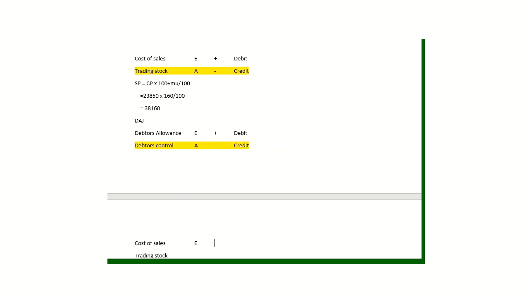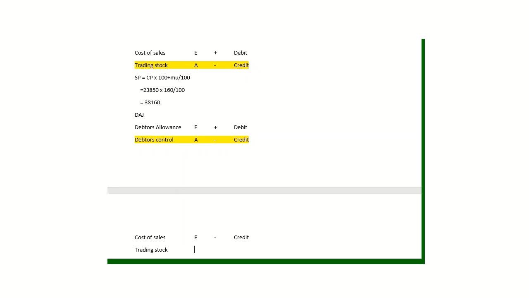Now it's coming back. So we're reversing it. So we're making our expense less on the credit side. Trading stock, we said, is an asset. He's returning some of the stock, so we get the stock back. So we'll have more stock. So asset increase on the debit side.